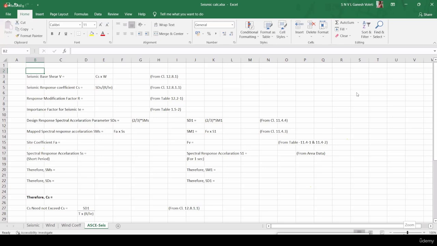But just one thing I want to tell you: only the design code and load combinations we have to take from ASCE. The seismic weight, and all the things related to seismic and wind, like the seismic base shear we saw last time and the wind coefficients we have seen now, are all from Indian code only. Seismic IS 1893 load, wind IS 875 load, all these will be applied.